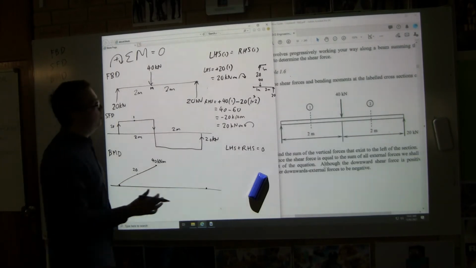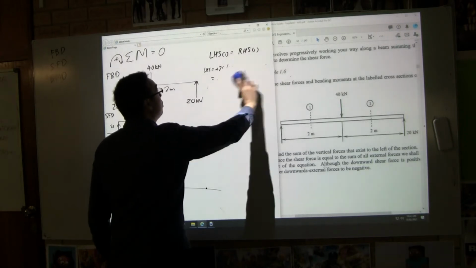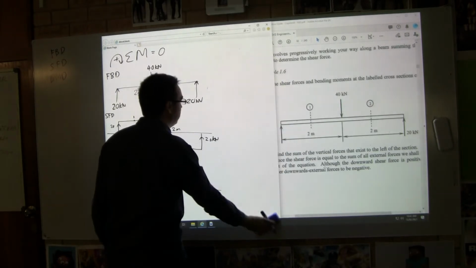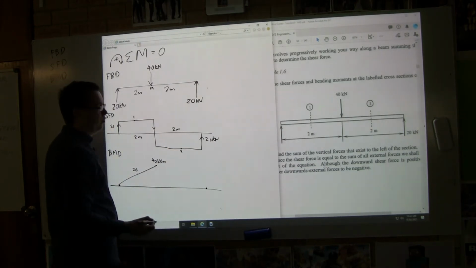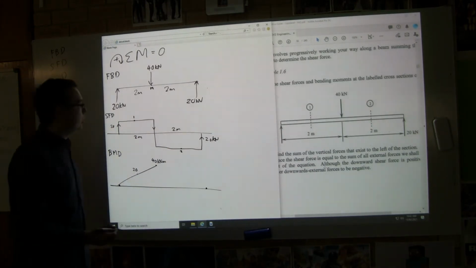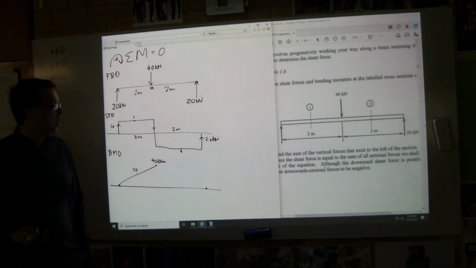Now, without drawing every other point along that line, we can presume that it's going to look like that. Now, very quickly, we're going to do just the left or the right-hand side. We don't always have to do both sides. I'm just proving that it works. If we look at this location 2, let's have a look at that really quickly. Do we want to do the left or the right-hand side? What do you think is going to be easier? The right-hand side.